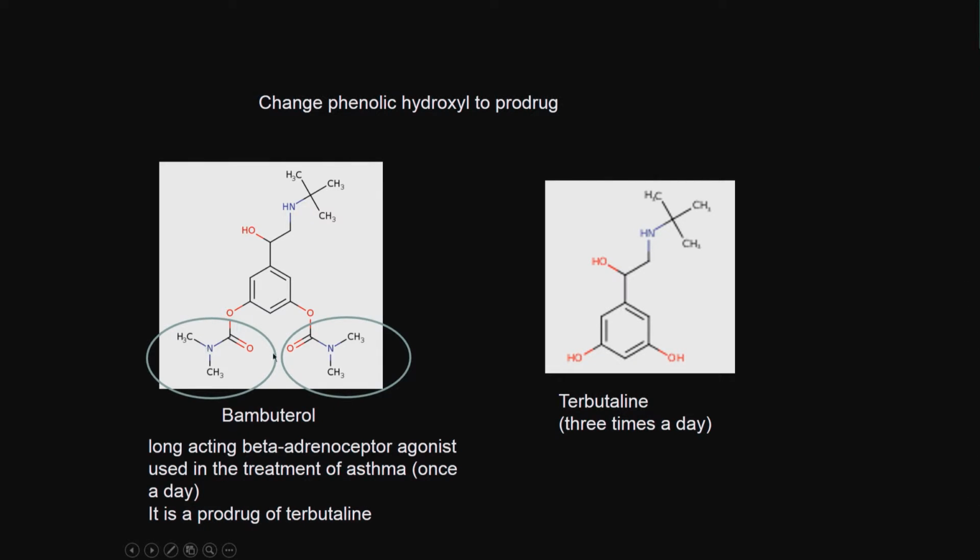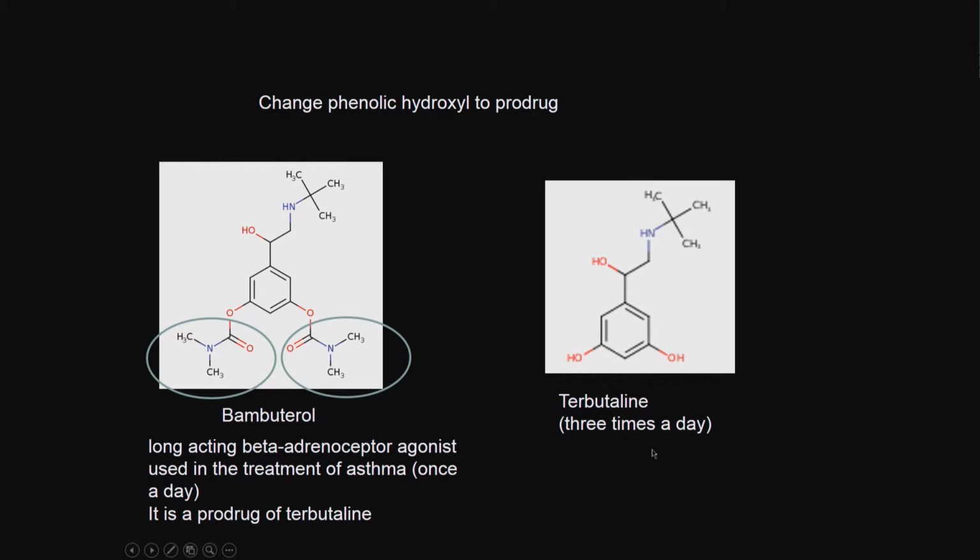Whereas, you make a prodrug out of it, bambuterol, you put in these 2 groups, as you can see these are ester bonds which can get cleaved with the esterase enzyme. So these are called long acting beta adrenoceptor agonists used in the treatment of asthma. It is given only once a day.